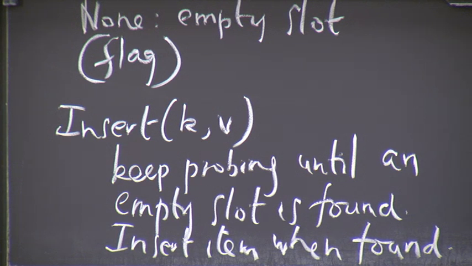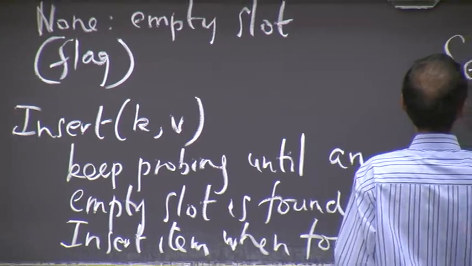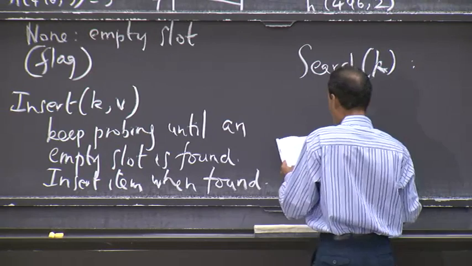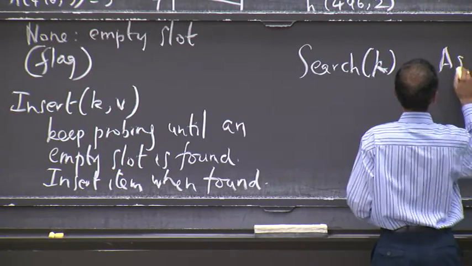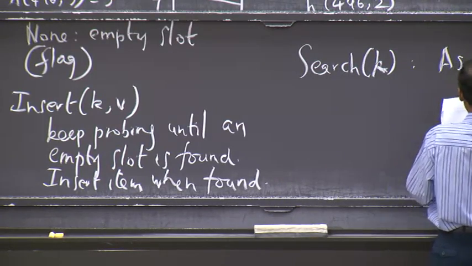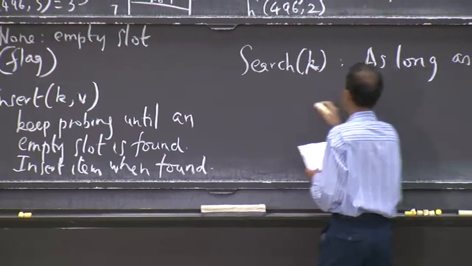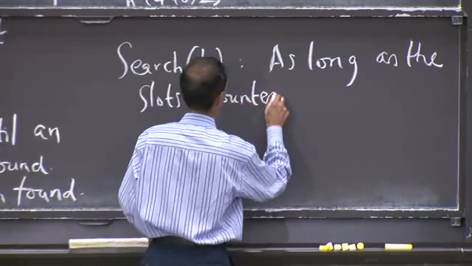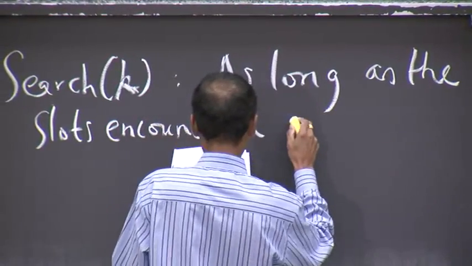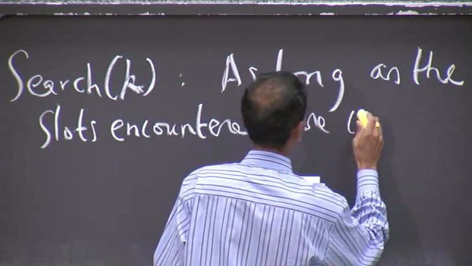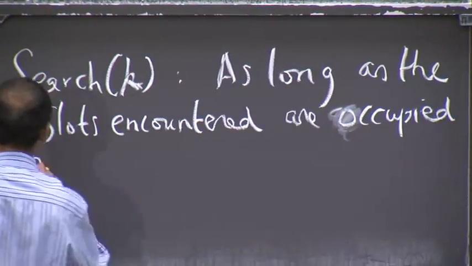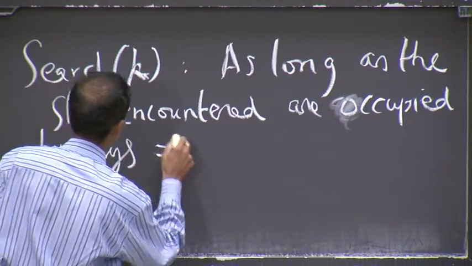Okay? Now, search is a little bit different. You're searching for a key k, and you essentially say you're going to keep probing as long as the slots encountered are occupied by keys not equal to k.